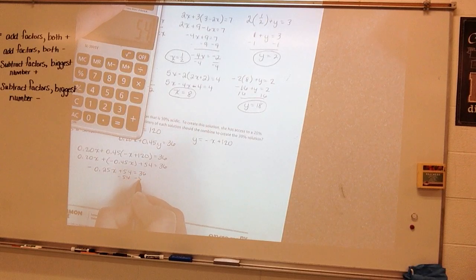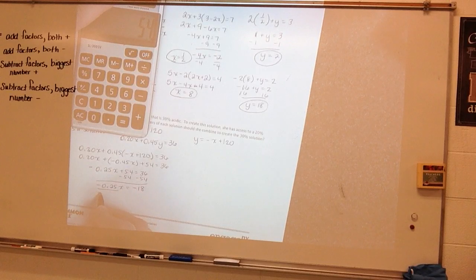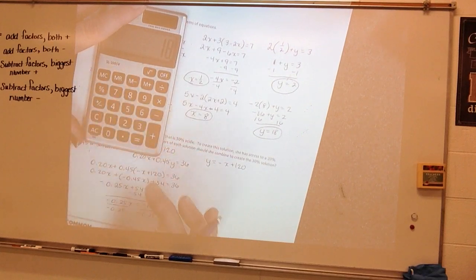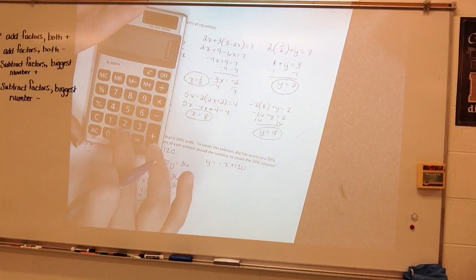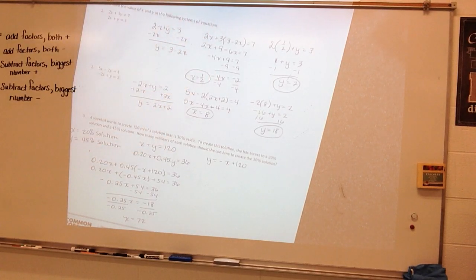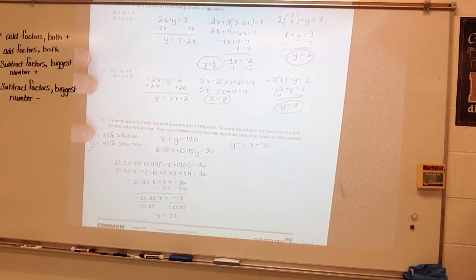I'm going to subtract 54, and I get negative 0.25x is equal to negative 18. Divide by negative 25 hundredths. Negative 18 divided by negative 25 hundredths, x would be equal to 72. Alright, which means that we would need 72 milliliters of the 20% solution.